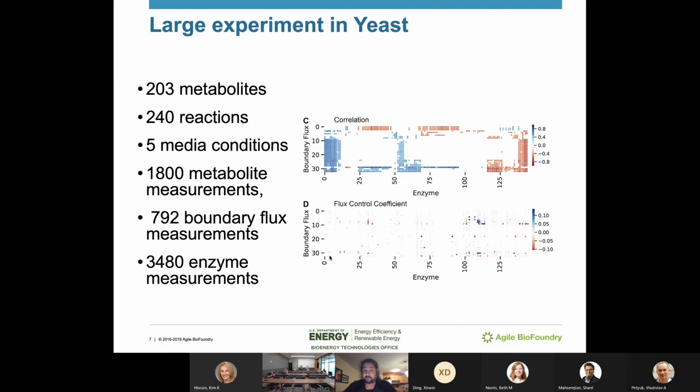In the same sense, these flux control coefficients tell you which enzymes to perturb, and give you only a small number of candidates in comparison to just doing a correlation analysis. So that's the best case scenario when we have gobs and gobs of data.